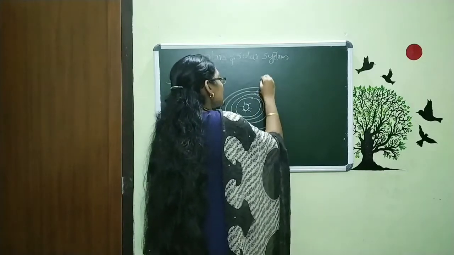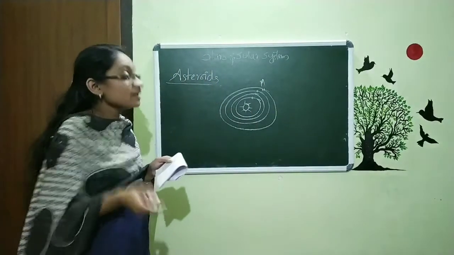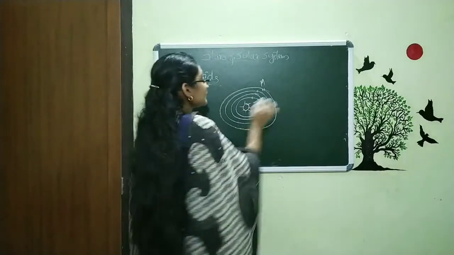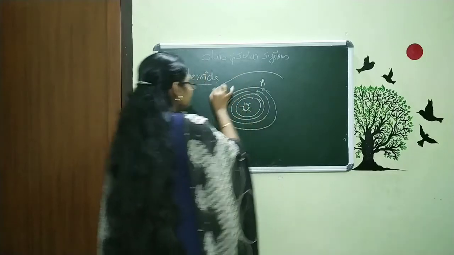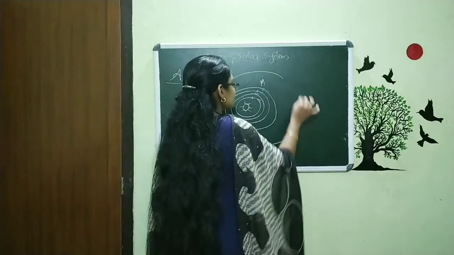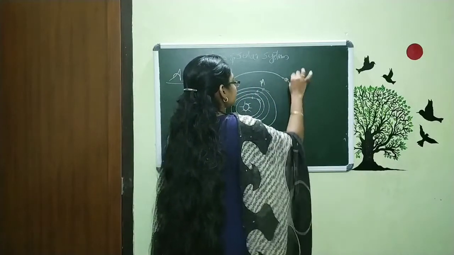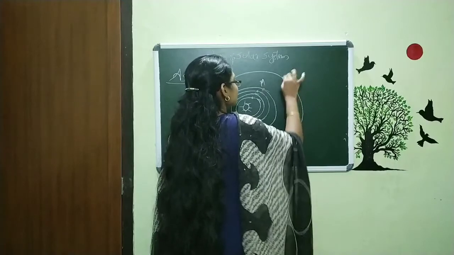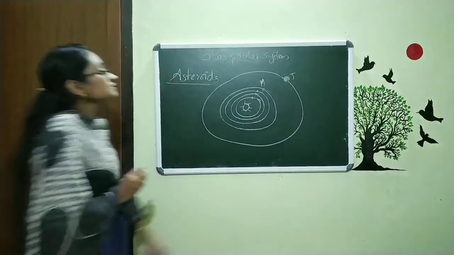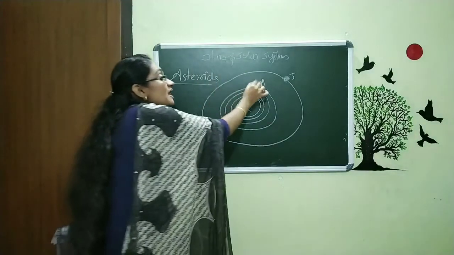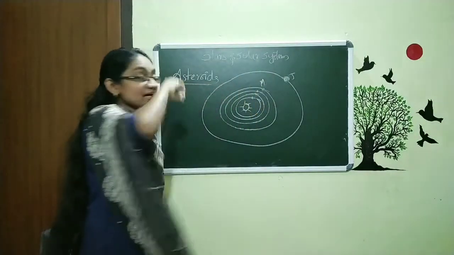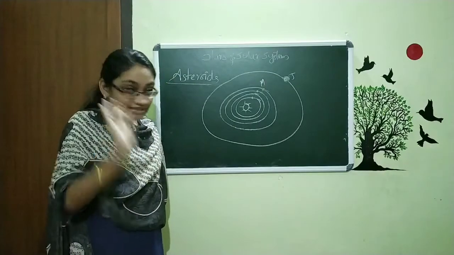Mars is present here and you can see a huge gap between Mars and Jupiter. And this Jupiter is the biggest one. So, just observe that between Mars and Jupiter there is a higher gap or distance.